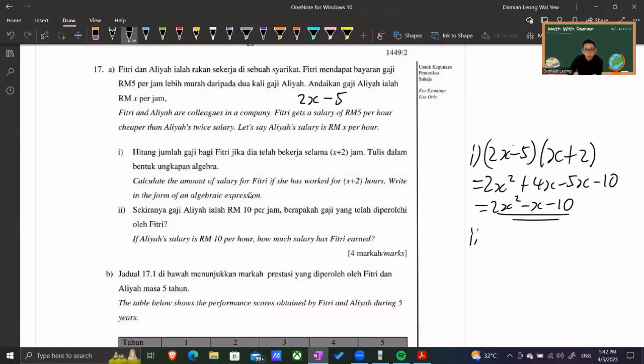Then Alia's salary is 10 ringgit per hour, meaning x is 10.